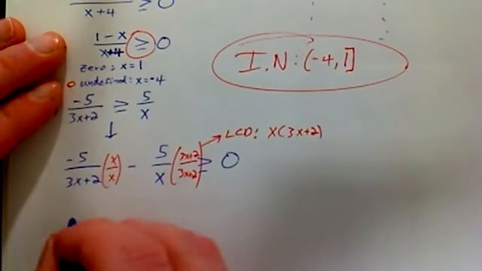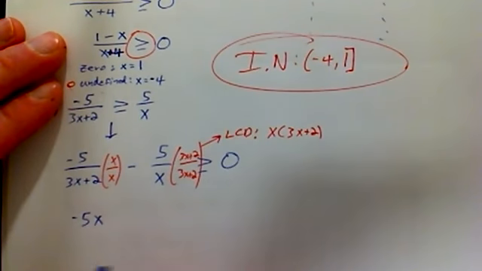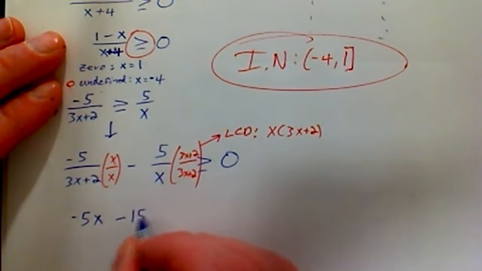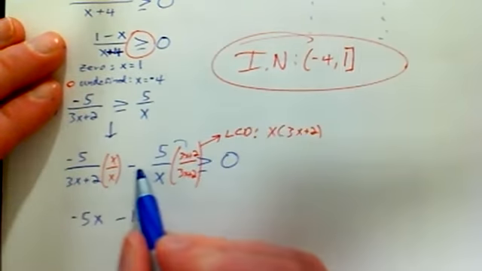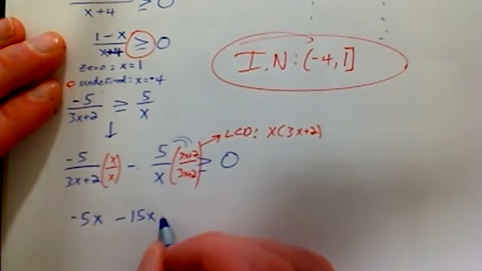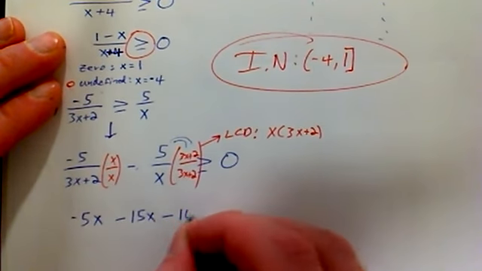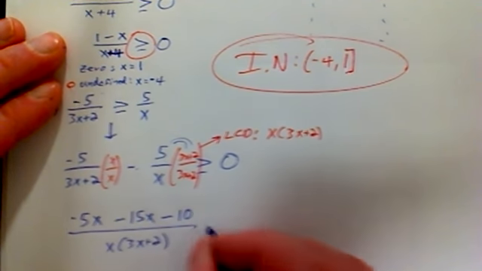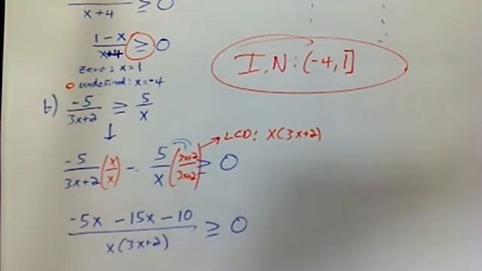Now we'll get negative 5x minus 15x, I'm doing the distribution and I'm including that negative, minus 10 all over x times 3x plus 2 is greater than or equal to 0.